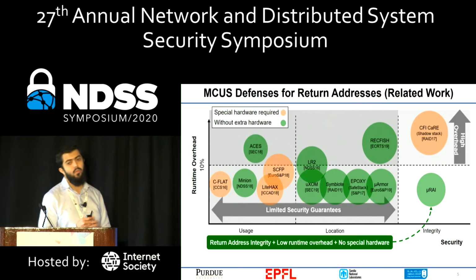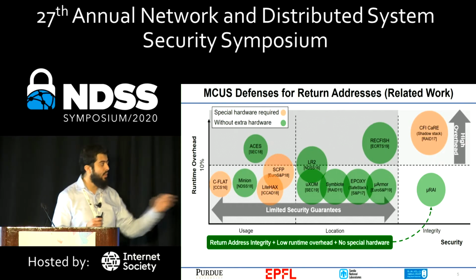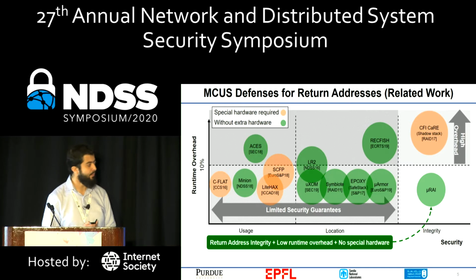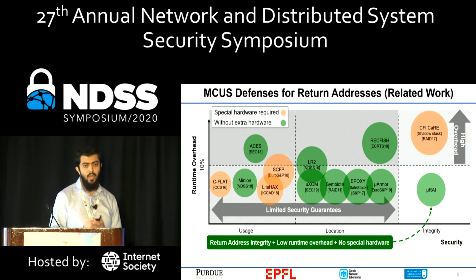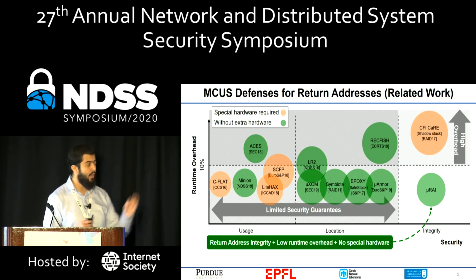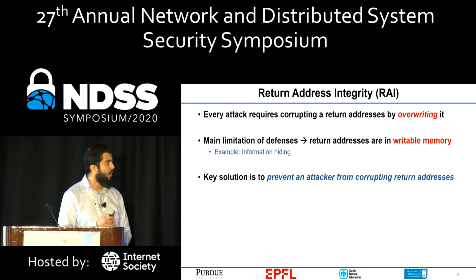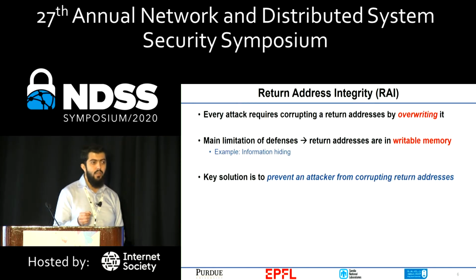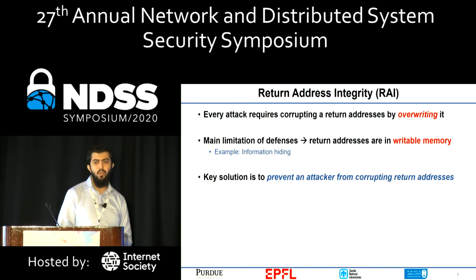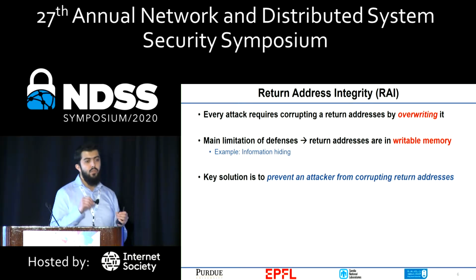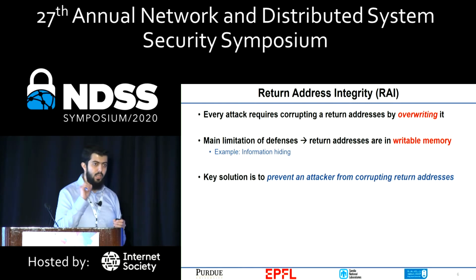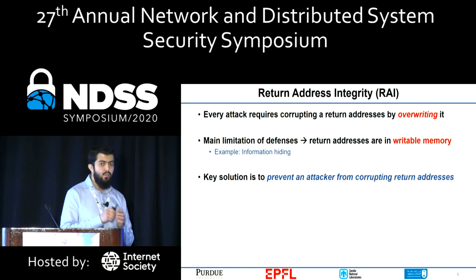This is, again, the same graph with the related work, but I'm not going to go into details for the sake of time. And again, the high-level point here is that µRAI is the first to combine these three features. At the core of µRAI, the core contribution here, is something we call the return address integrity property. Every control flow hijacking attack starts with one step: the attacker corrupts the return address by overwriting it.